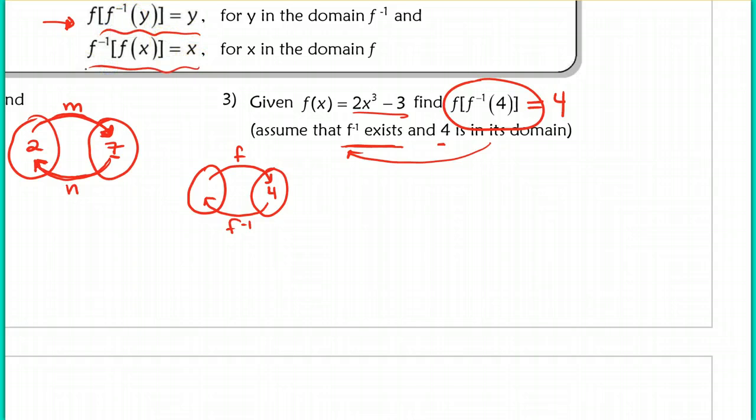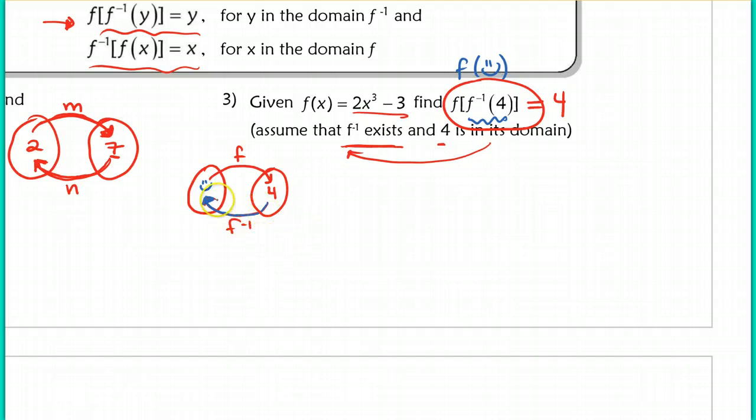The reason why, visually, is that I start on the inside with f inverse of 4. Well, f inverse of 4, since it's 1 to 1, goes straight to something. Let's call it a smiley face. I don't know what the number is, but then I apply f to that.